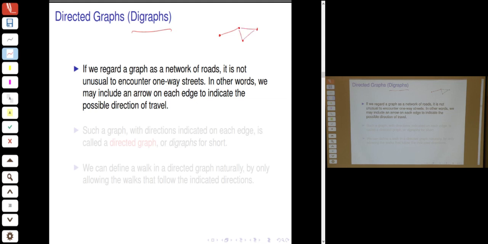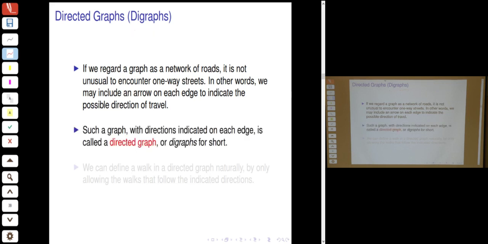Of course, it is often the case, particularly if you go to busy parts of the city during the rush hours, that streets are one way. It is not unusual to encounter one-way streets. If the street is one way, we can put an arrow on the street in order to denote the direction in which travel on that street is allowed.